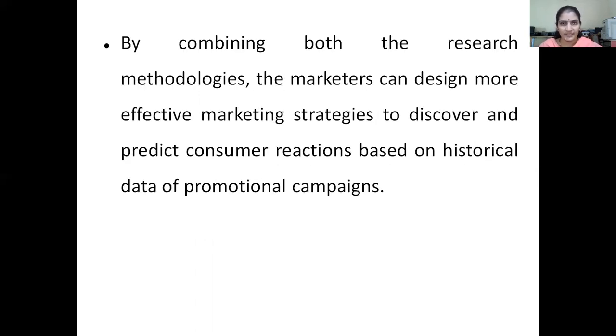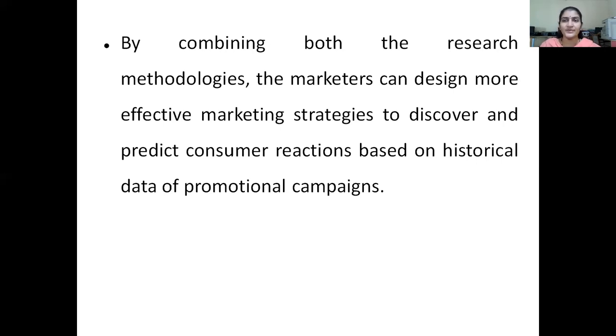By combining both the quantitative and the qualitative research methodologies, marketers can design more effective marketing strategies, so that they can discover and predict consumer reactions based on historical data of promotional campaigns. While planning promotional or advertisement campaigns, the marketer will use this kind of information and data.